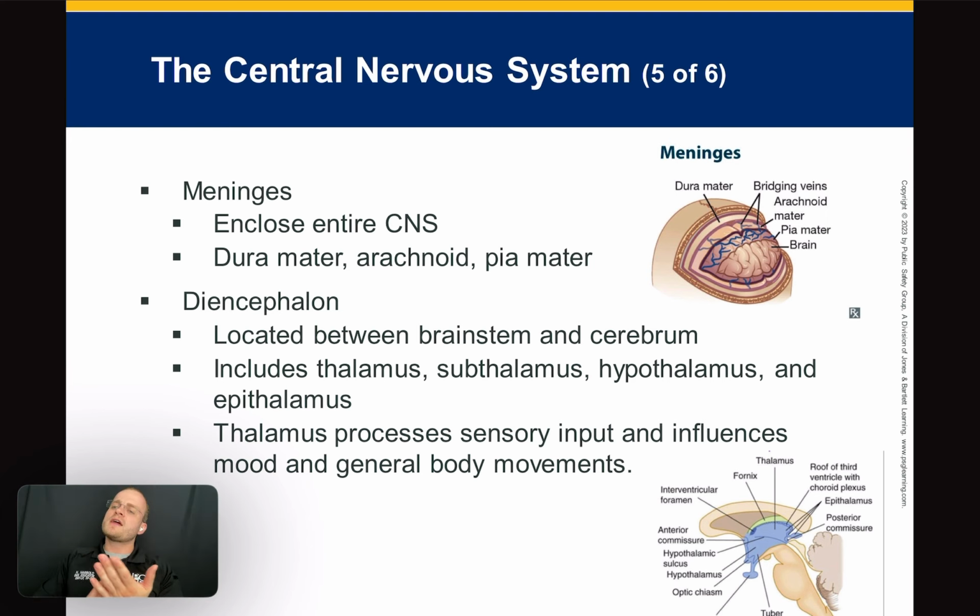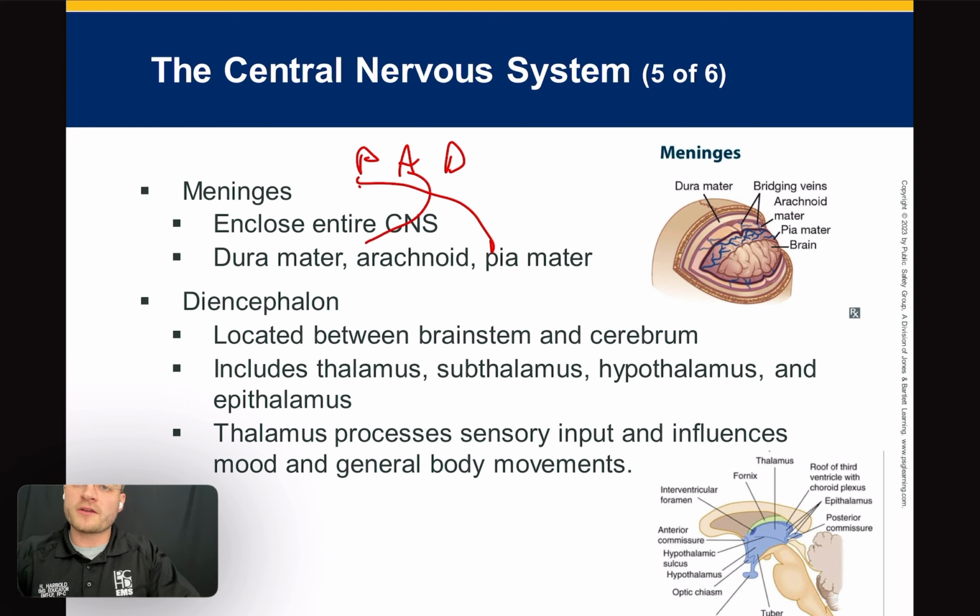Okay, and occasionally on exams they will ask you what are the layers of the meninges. An easy way to remember this is I'm telling you the meninges protect the brain, so you can remember the mnemonic PAD. P-A-D. So that's pia matter, that's arachnoid matter, and that's dura matter. If you work your way up from the brain, it goes pia matter, arachnoid, and then dura matter.